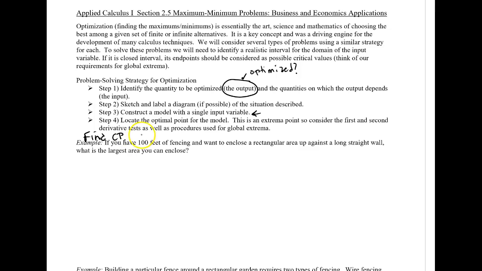And if there's only one critical point, we're going to use the second derivative test, usually. And that, again, depends on the problem. If the second derivative looks really difficult to take, we might just make that sign chart we do for the first derivative. So let's look at an example to get started here.